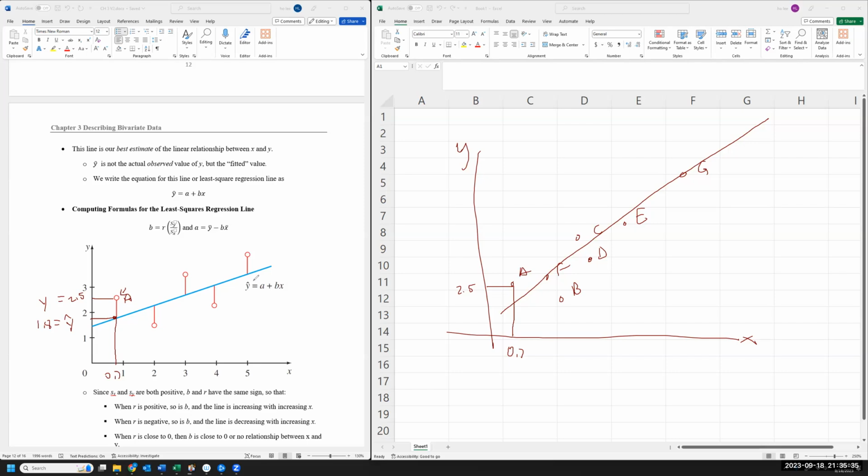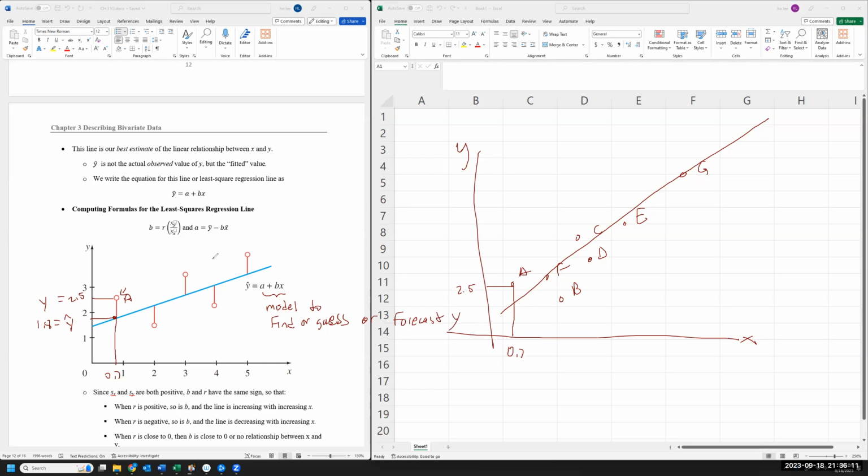So this y hat is our estimate, or you could say a forecast or prediction of y given our formula. So this is quote unquote our model to find or guess or forecast y.